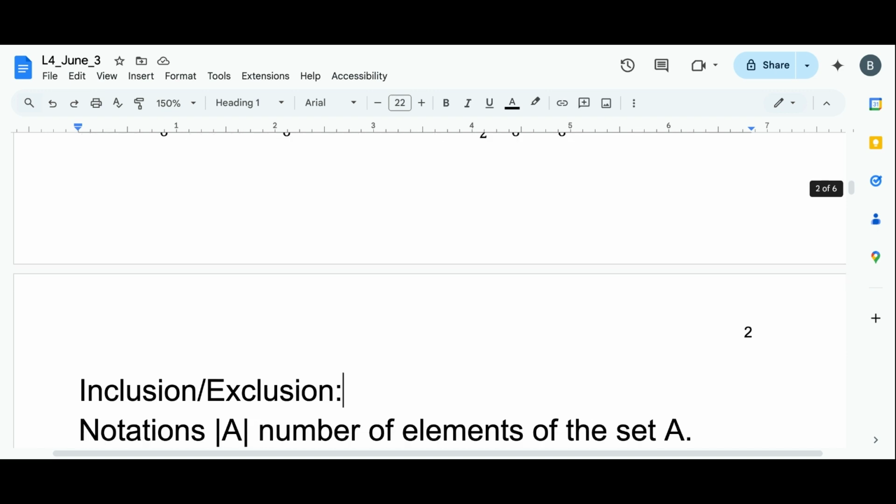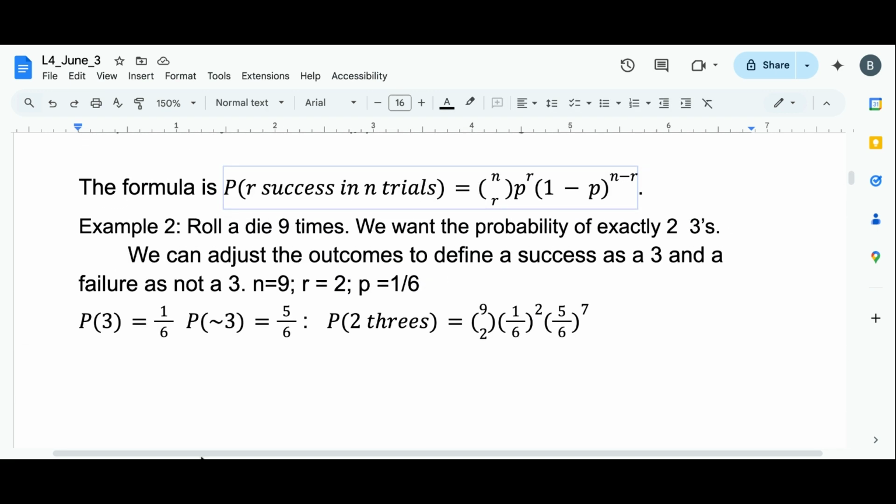So the probability of exactly 2 threes would be n choose r, 9 choose 2, then p to the r, 1/6 squared, and then 5/6, because we're going to fail to get a 3 the remaining 7 times. So it's 9 choose 2 times 1/6 squared times 5/6 to the 7th power.